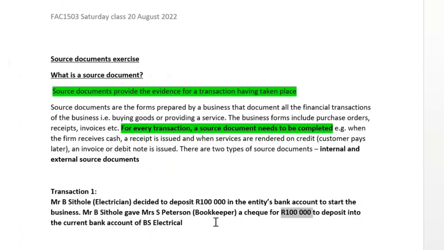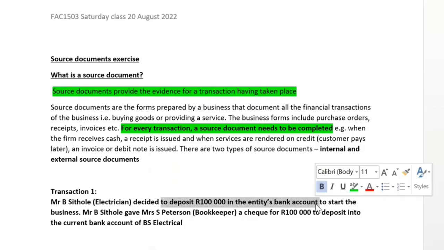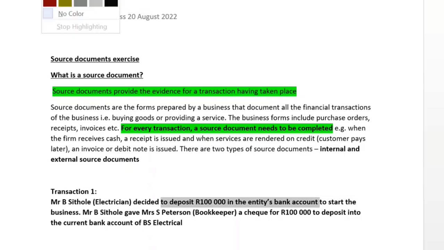So I'm asking you, what are the source documents of this transaction one? Mr. Sithole decided to deposit 100,000 into the entity's bank account to start the business. And Mr. B. Sithole gave Mrs. S. Peterson a check of 100,000 to deposit into the current bank account of BS Electrical.